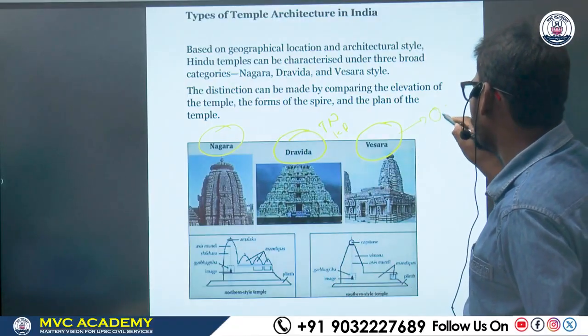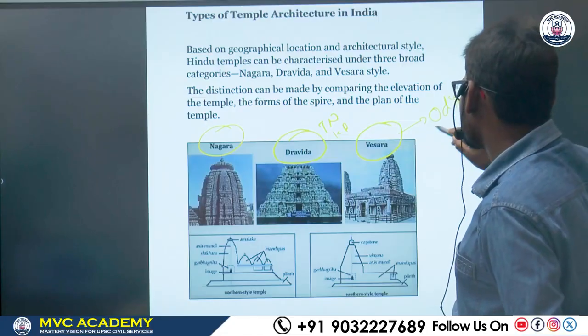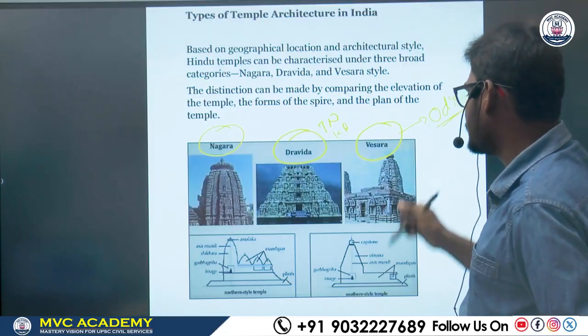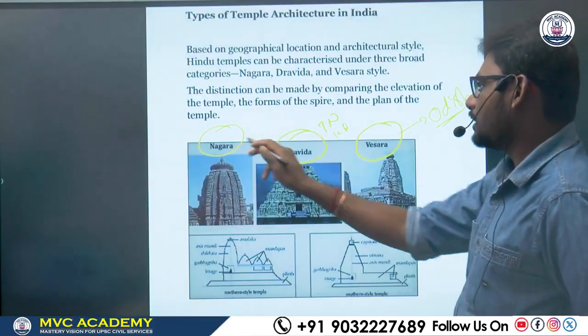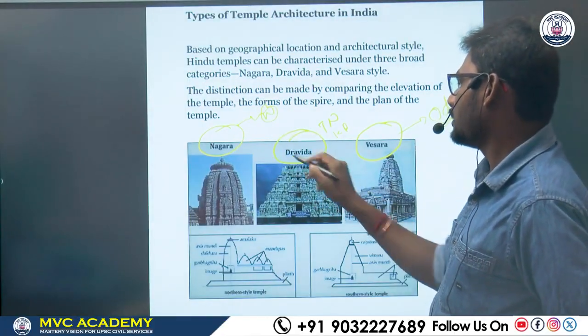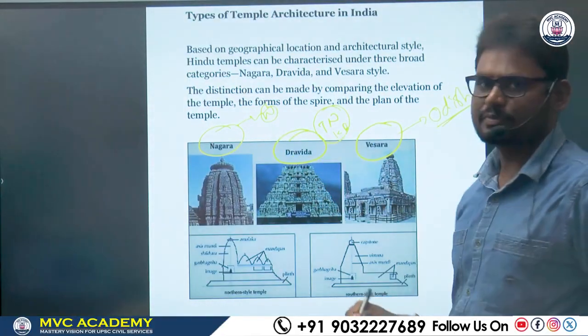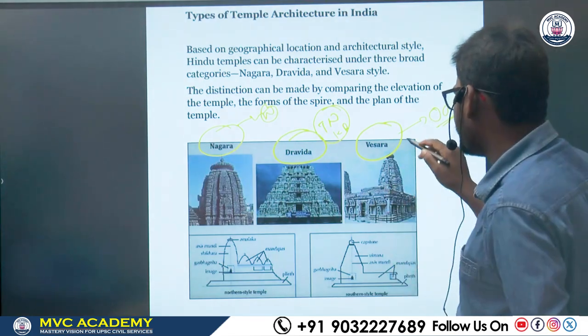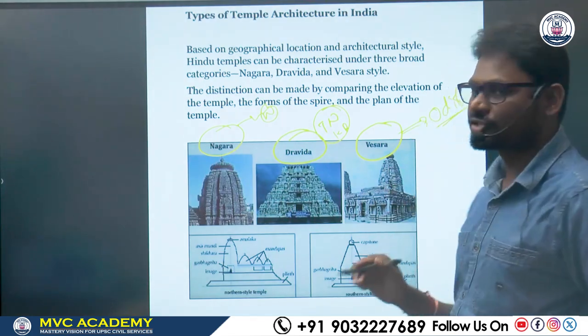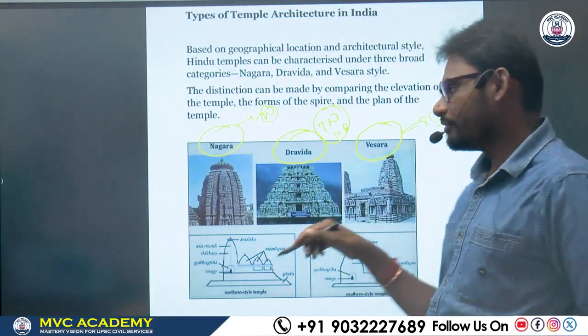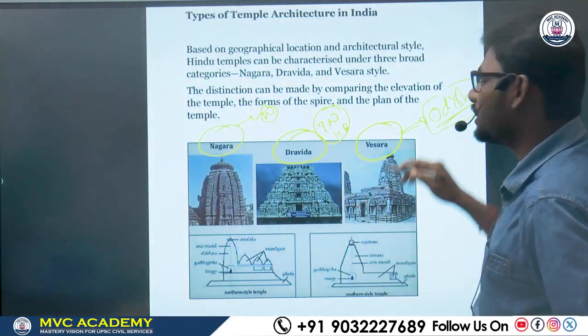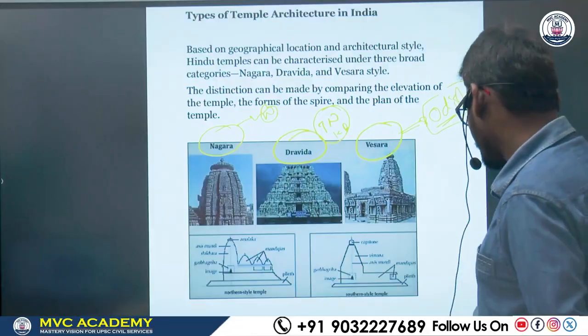The best example is Odisha, where we can witness Vesara style. So Nagara means northern India. Dravida means southern India, especially Tamil Nadu and Kerala. Vesara is a combination of both Nagara and Dravida, and can be seen in central India and Odisha.